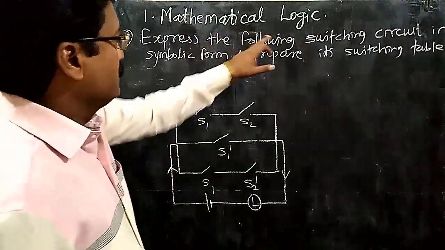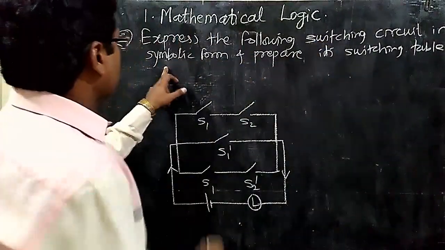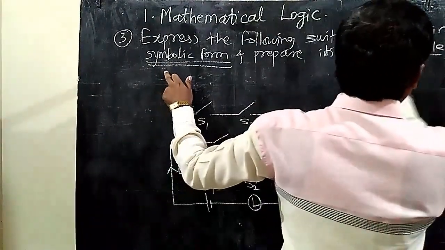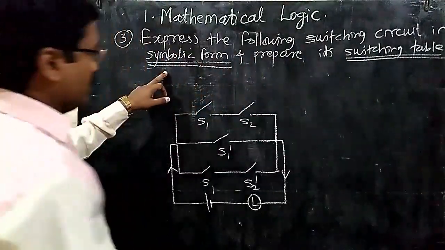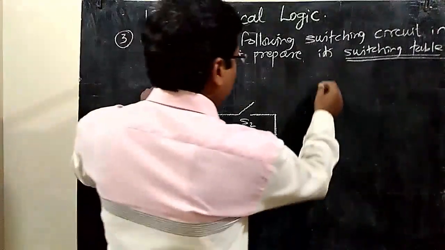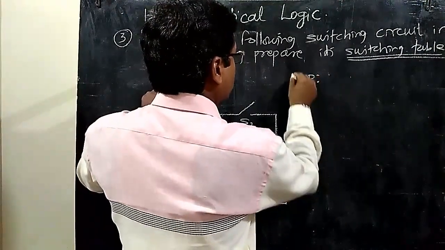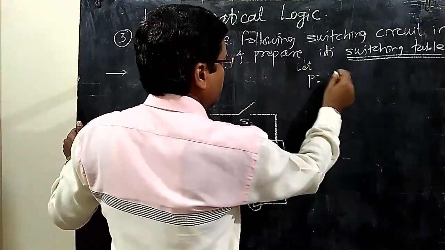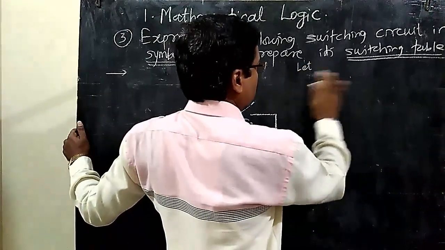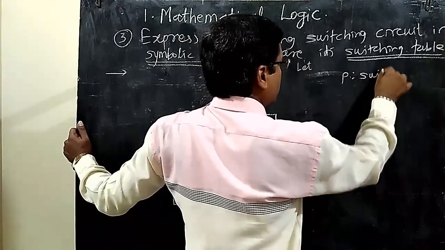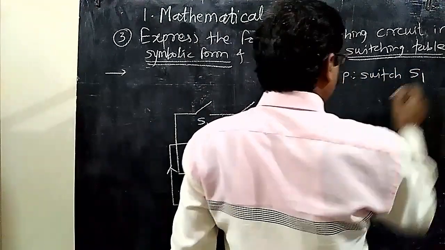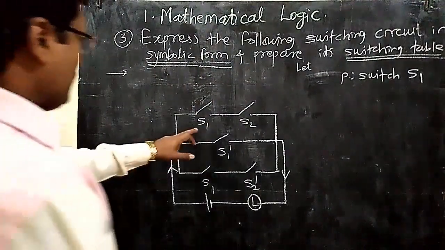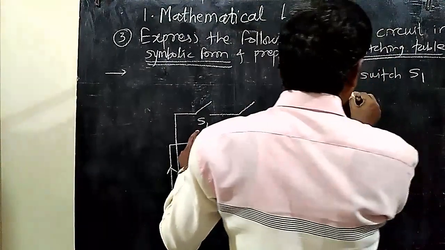Firstly, we have to express this switching circuit in symbolic form. So there are 2 parts: one is symbolic form, and the other is switching table. So we will take symbols. Let P denote switch S1, which means switch S1 is on or closed.